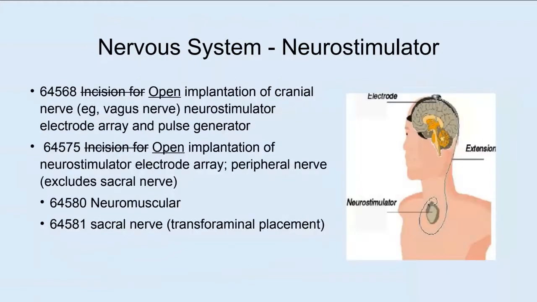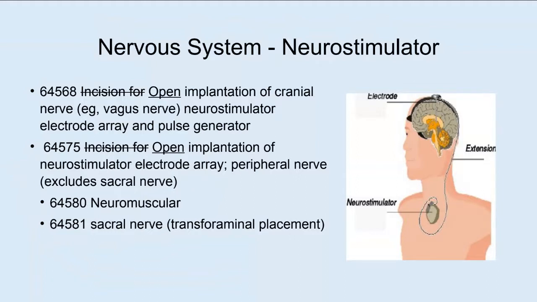Okay, also in the nervous system, you have neurostimulator codes. 64568 and 64575 were changed from incision for to open implantation. And this is for a cranial nerve, a neurostimulator, electroarray, and pulse generator.